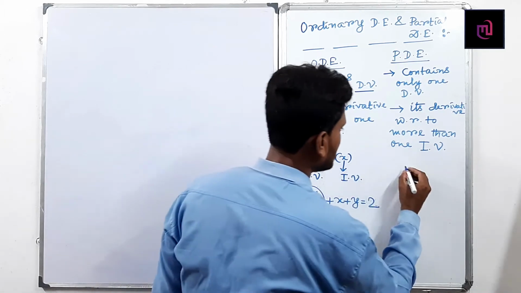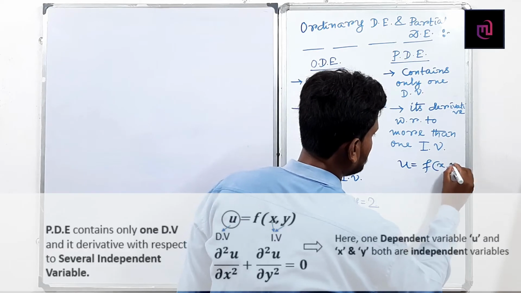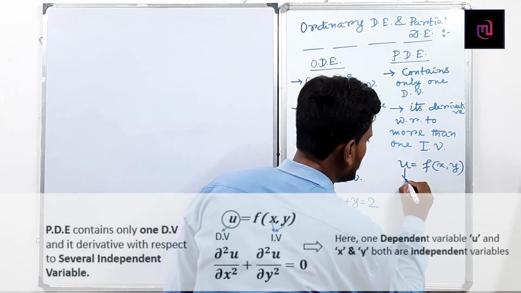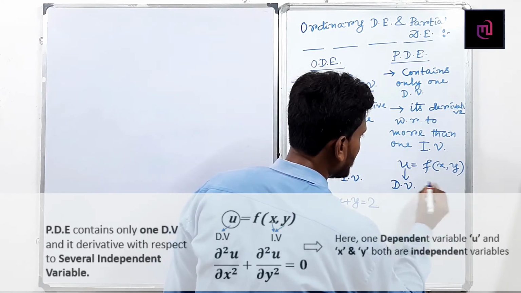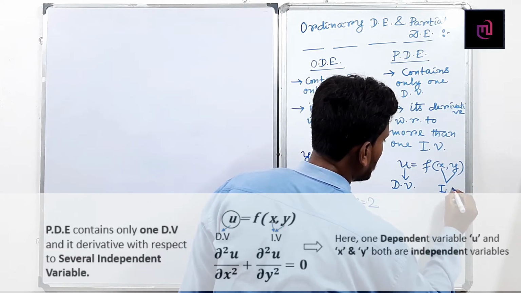But in the partial case, consider u is a function of x and y, so u depends on x and y. So u is the dependent variable, and x and y both are independent variables.